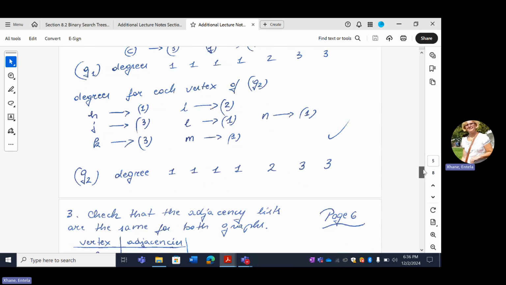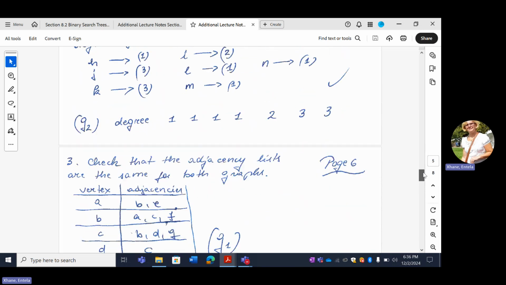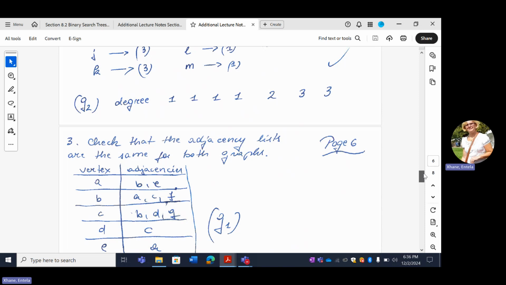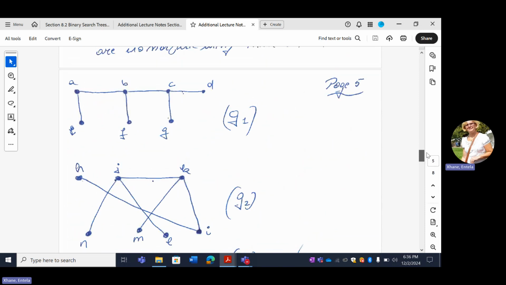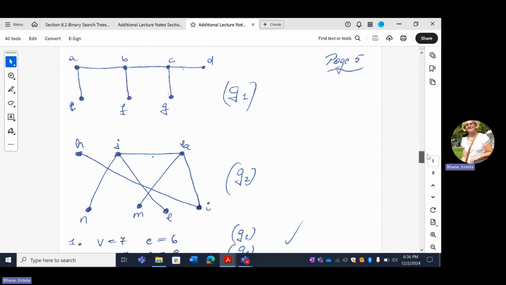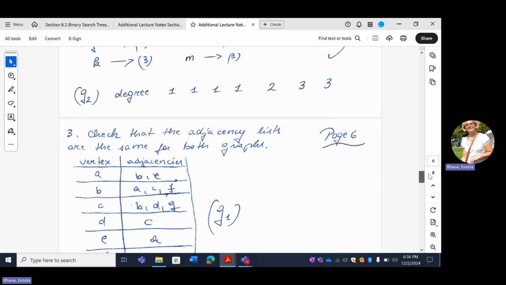Now let's transition to condition number 3. I'm not creating a matrix. I'm going to create a table of adjacencies for each graph. So I know that A is connected to B and E because the degree is 2. B is the one with degree 3.